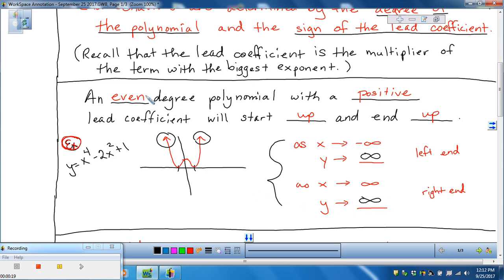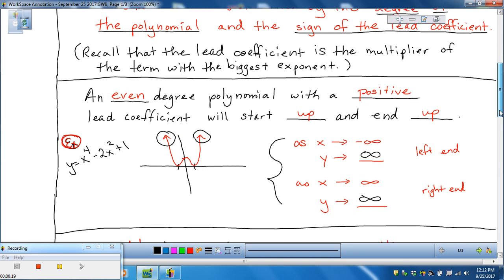So when you have an even degree polynomial with a positive lead coefficient, it's going to start up and stay up. We write it as x is going to negative infinity, y approaches positive infinity. As x goes to positive infinity, y approaches positive infinity. So these are your end behaviors. Go ahead and pause, and we'll move on to the next example.